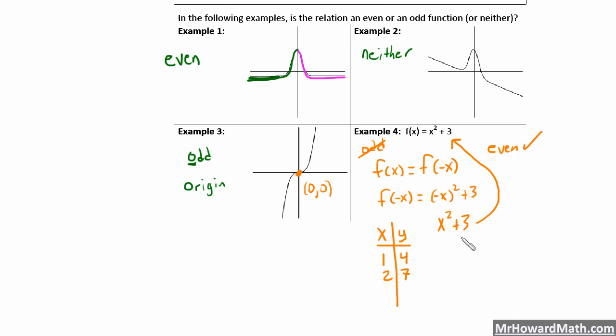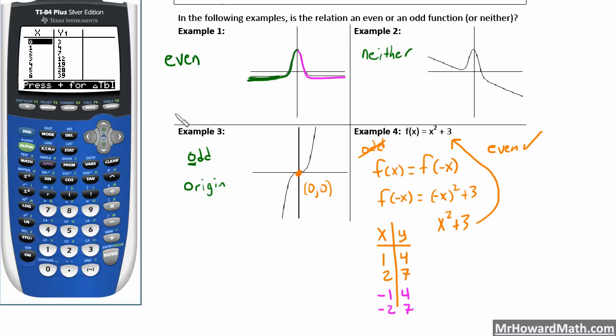So we've already proven this is even, but if we were just looking at our calculator table, we would expect to see for the opposite x coordinate, -1, it should also be paired with 4, the same y coordinate. The opposite of this x coordinate, -2, would have to be paired with the same y coordinate if this is truly even. So let's verify that with our calculator.